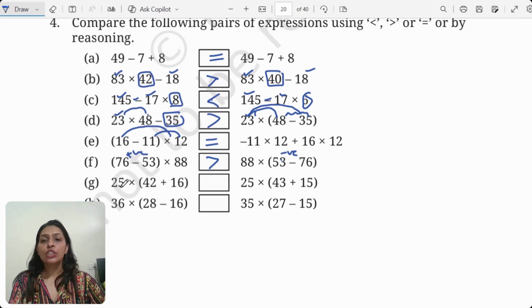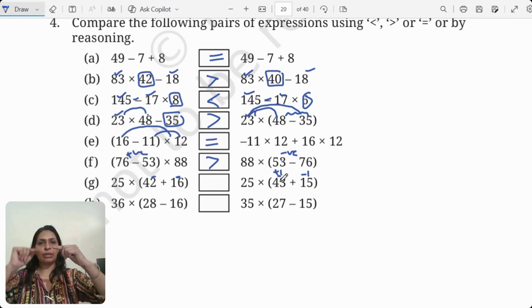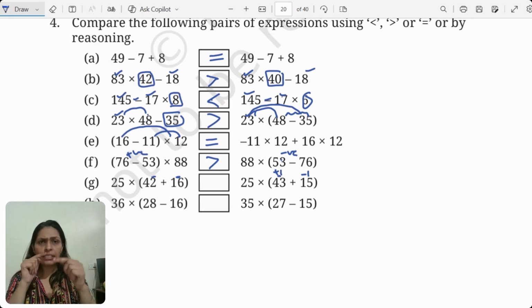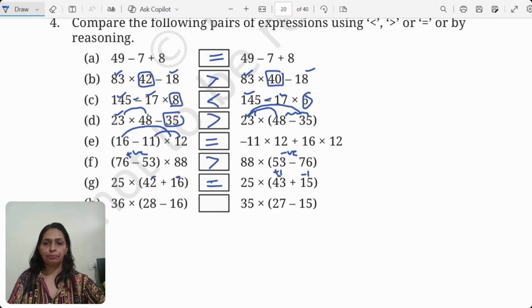G part, 25 multiplied by 42 plus 16. And here 42 became 43, means we have added 1 to it. And 16 became 15, that is minus 1. Means to that number I have added 1 and then I have subtracted 1. Is it going to affect overall? No, it's not going to affect anyway. So this is basically going to be the same.